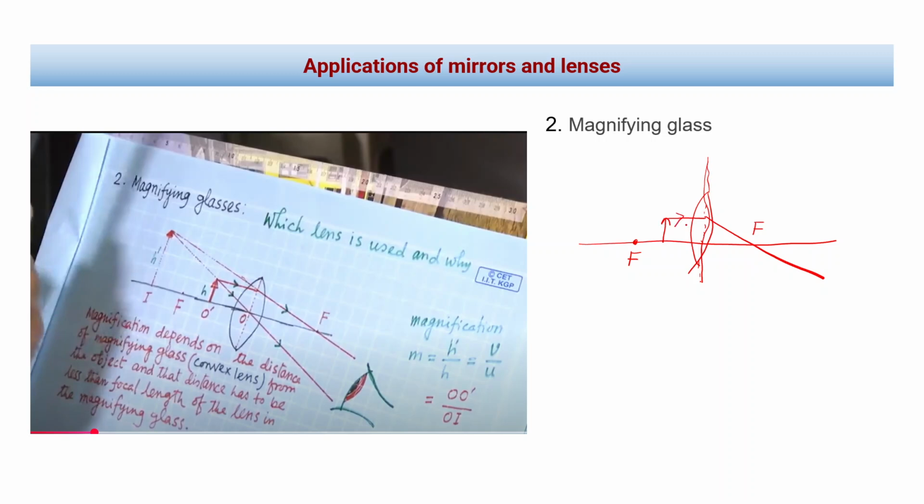One ray going parallel to the convex lens converges at the focus, another ray going through the center of curvature goes like this, and both are diverging. So if a person sees from here, it seems to them that the image is forming somewhere here.